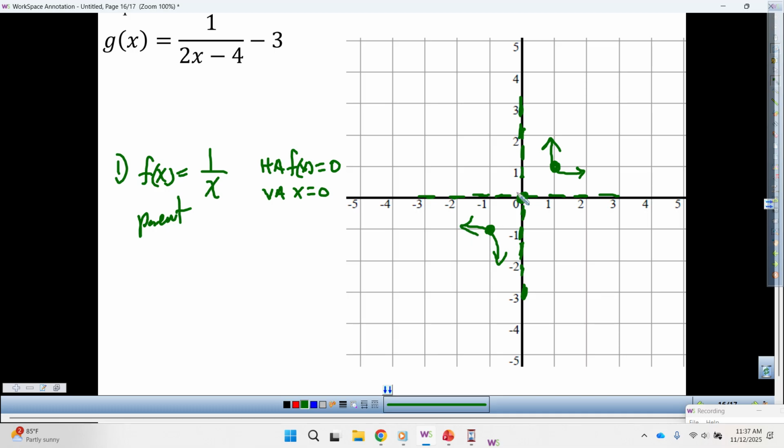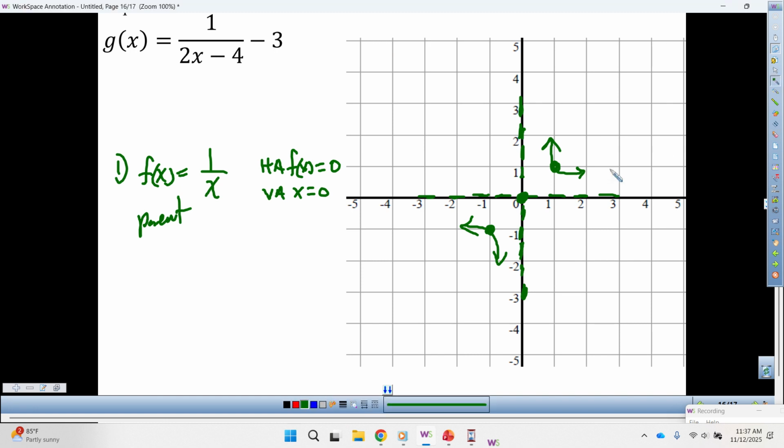Now, what do you guys notice? The point of origin is where both asymptotes cross. Is that correct? So if I was to have the asymptotes over here, look up, that means where they both cross is here, so that means the new point would be right here and right there. Everybody following?